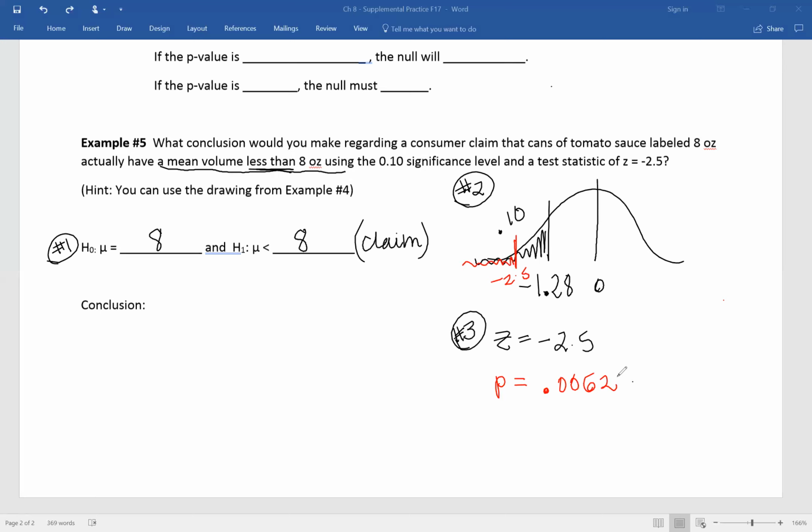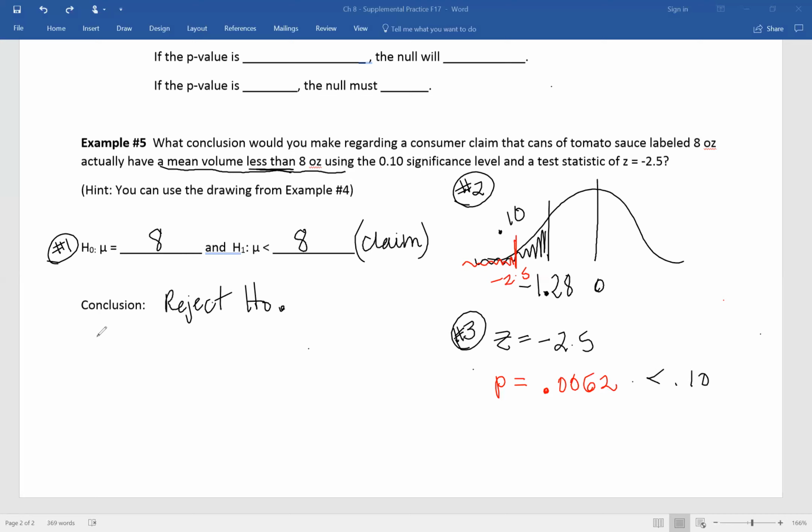And so that would lead us to, I didn't write it, this is actually step 4 where we find it. But that would lead us to reject the null hypothesis. Right, our test statistic fell in this critical region, and our p-value is certainly less than alpha. So we're going to reject H0.